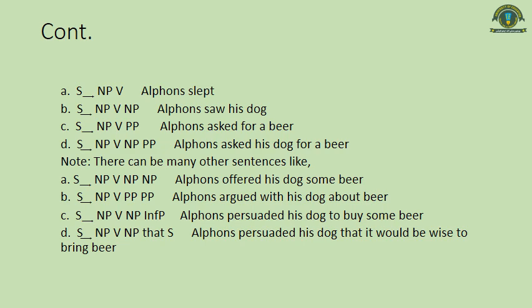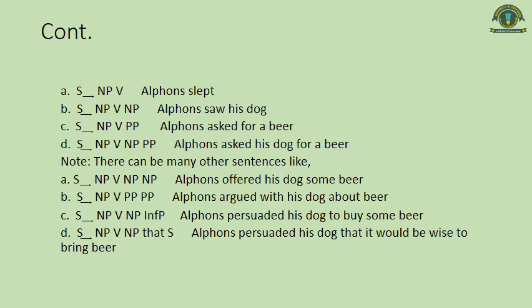So the infinitive phrase is also followed by a noun phrase after the main verb. So there are some specific rules, under which the arrangement of words comes together in a sentence.